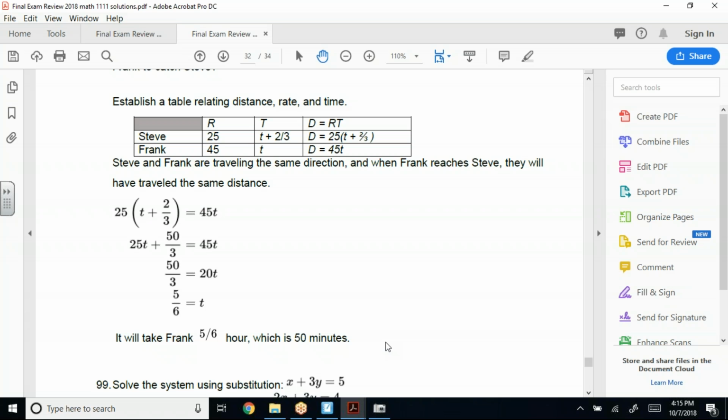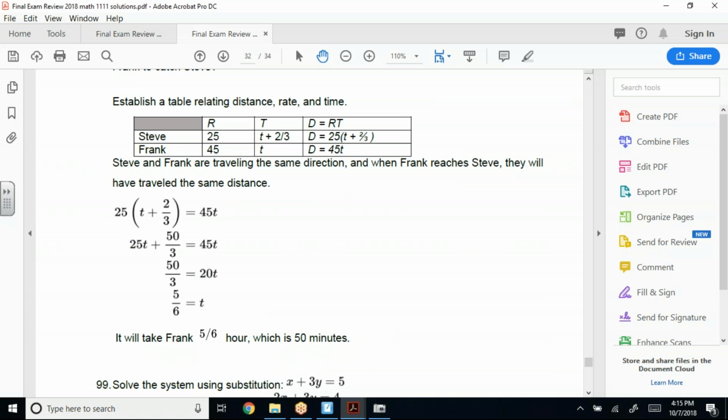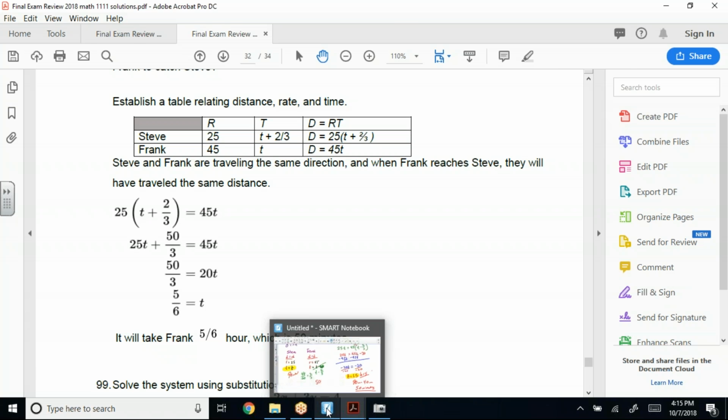So, all right. Any questions? I always do. If they leave later, that person, they put Steve's time as T plus 2/3, which is 40 minutes, right? Additional time that he's been driving, and they put Frank at T. So that's why they put T plus 2/3.